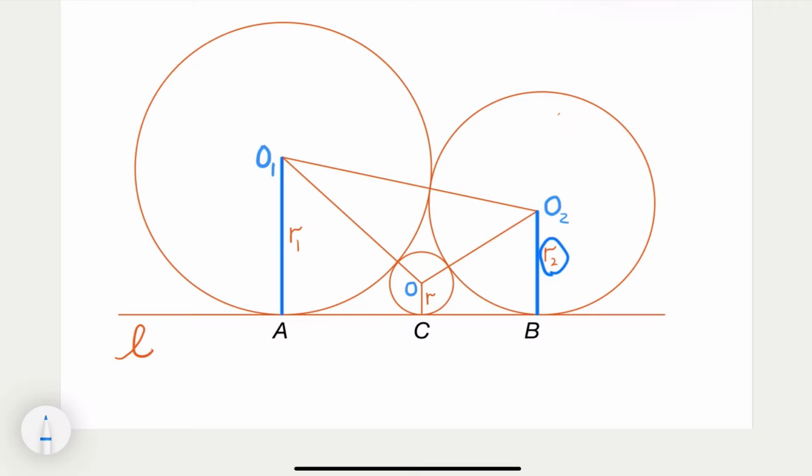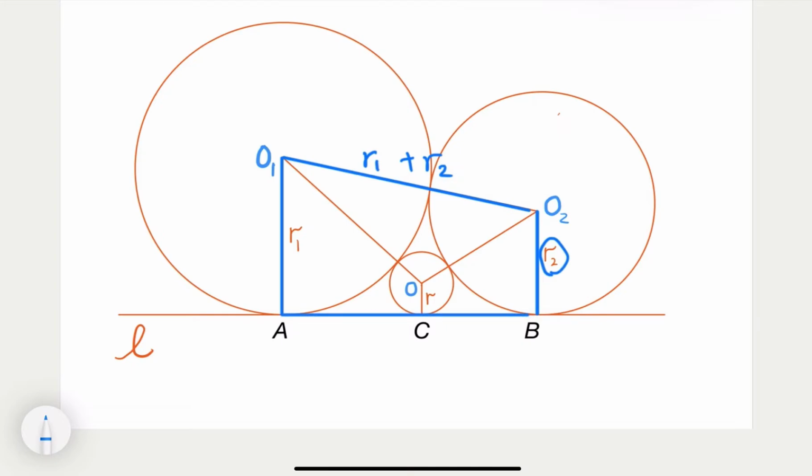Look at the line between O1 and O2. I claim its length is R1 plus R2. And here we want to find out what is the length of AB.